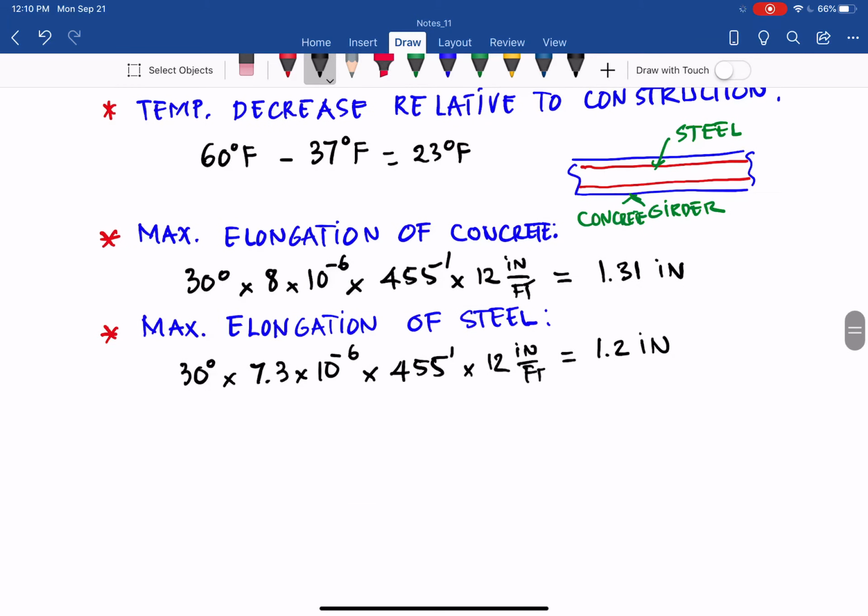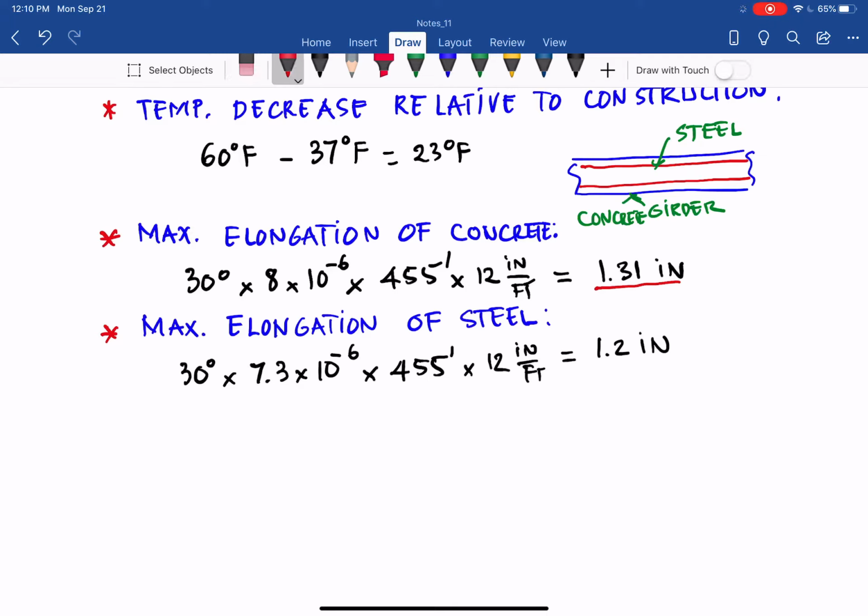That is the elongation. So as you can see, the concrete elongates a little bit more: 1.31 inch compared to 1.2 inch.